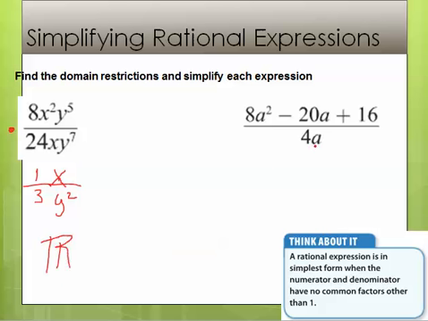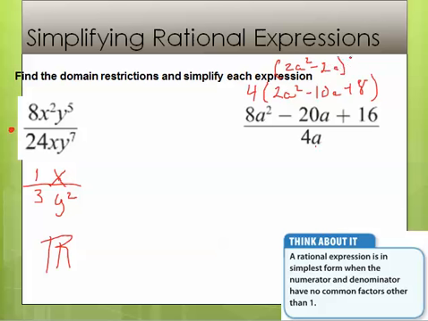How about this one over here? Well, I can see that there'd be a 4 in the numerator up here, and that would leave me with 2a squared minus 10a plus 8. Okay? And 8 times 2 is 16. So I could have 2a squared minus 2a.